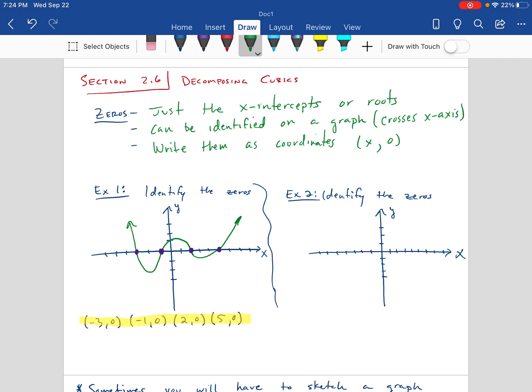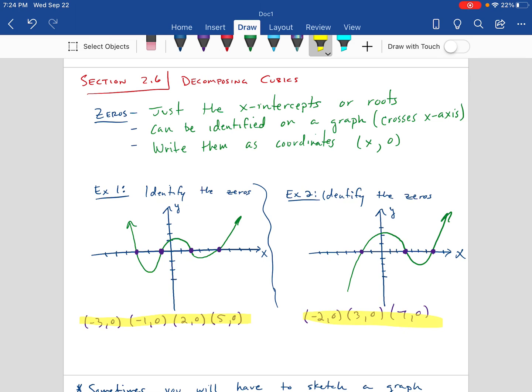Okay, so let me give you another graph here. Okay, now these aren't going to be perfect, but let's say it crosses here, here, and here. Okay, again, my zeros are -2, 0, 3, 0, and 7, 0.